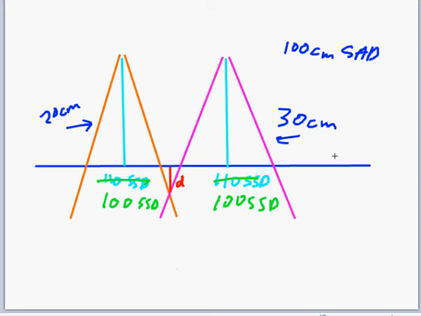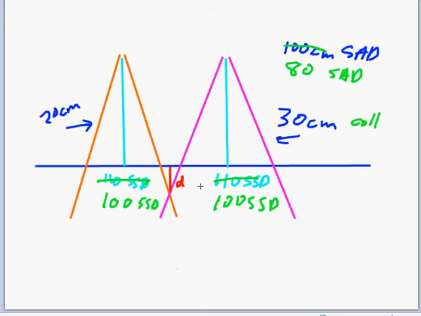And we're also told that your field sizes on the collimator are 30 centimeters and 20 centimeters, symmetric. But instead of having a 100 centimeter SAD machine, we've got an older machine, and it's an 80 cm SAD machine.